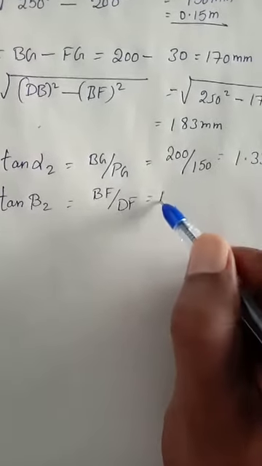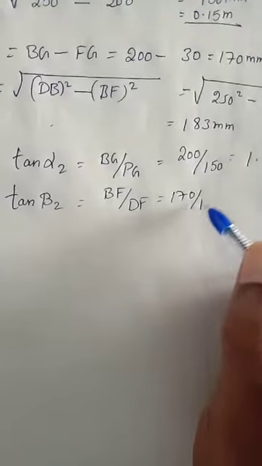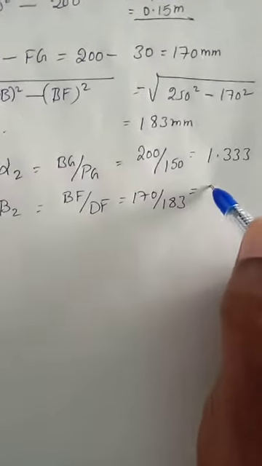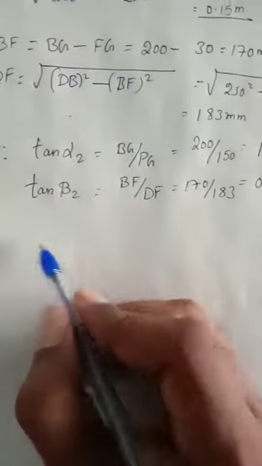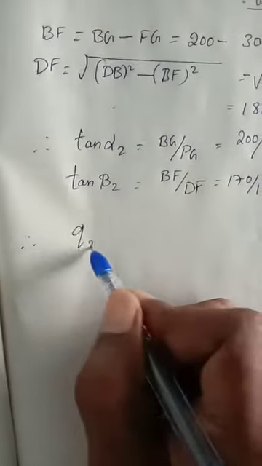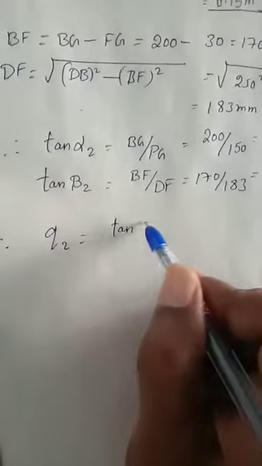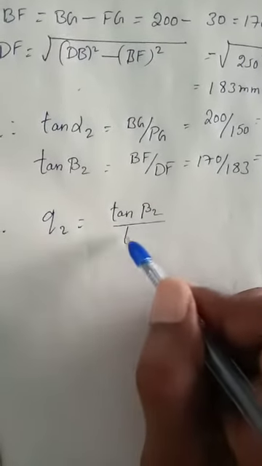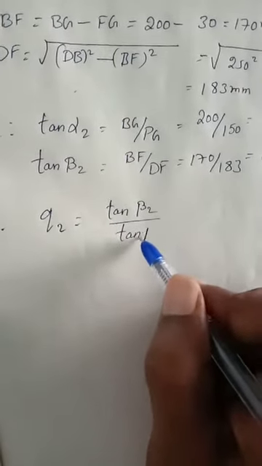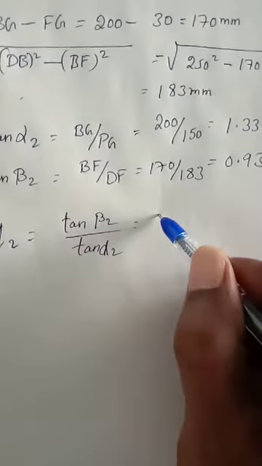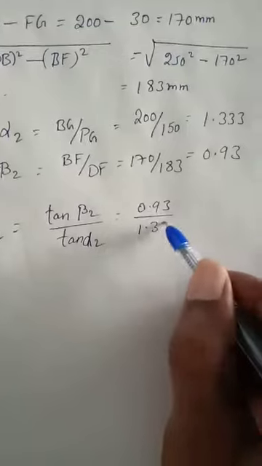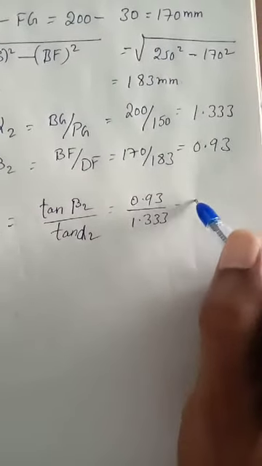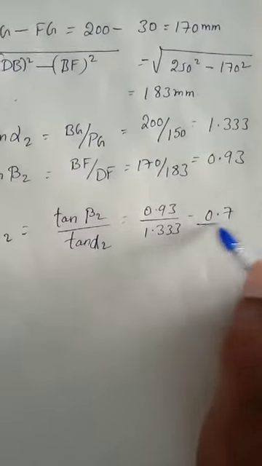Then substitute this 170 divided by 183. So calculate this, we will get 0.93. So therefore Q2 is equal to tan beta 2 divided by tan alpha 2. So substitute these values. We solve this, 0.7 is the answer.